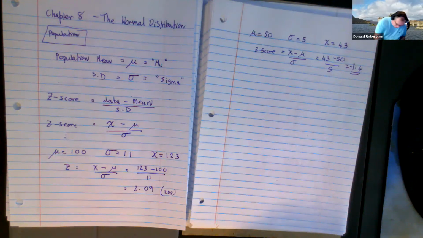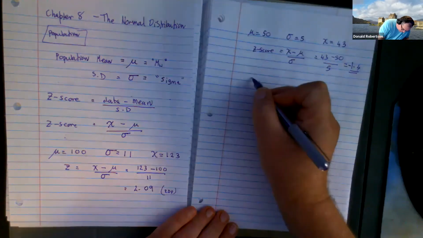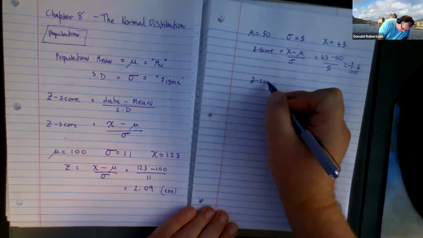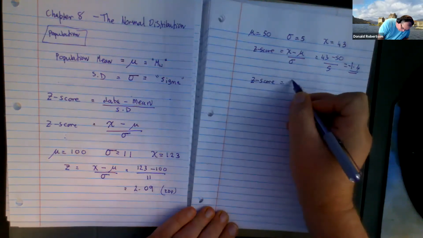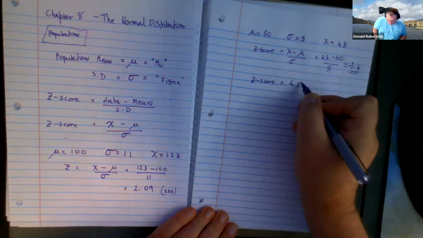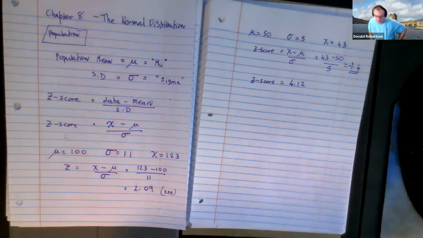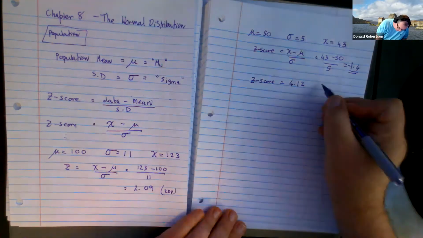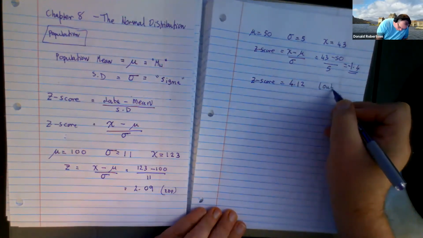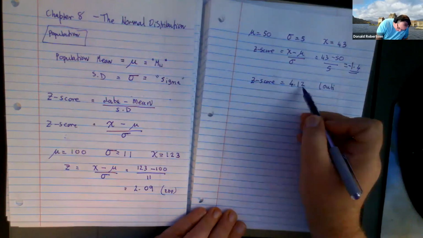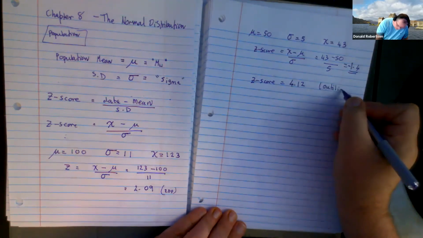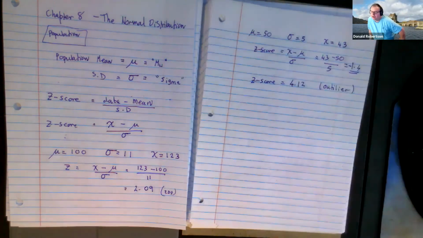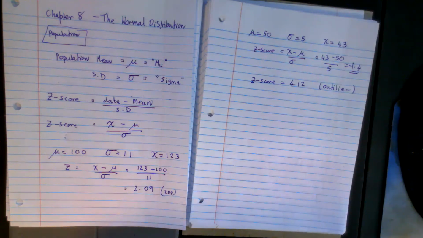Now, suppose I do a calculation and I get a Z-score of 4.12, just for argument's sake. Why can I say that the score that generated this Z-score will be considered an outlier? Because it's outside 3 standard deviations, the rule is -3 to +3. You nailed it.